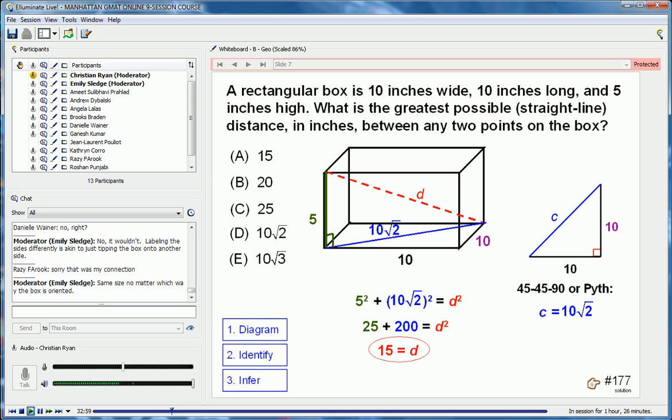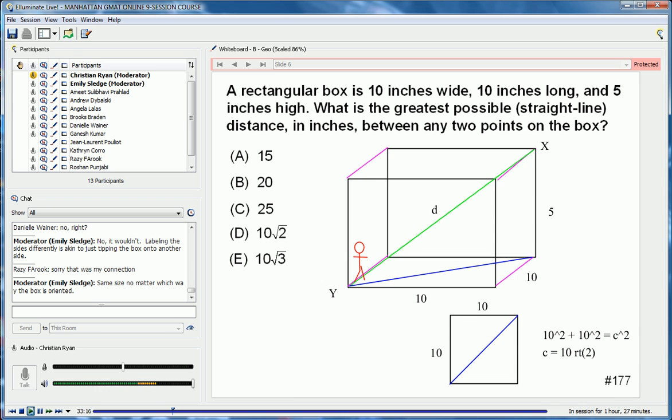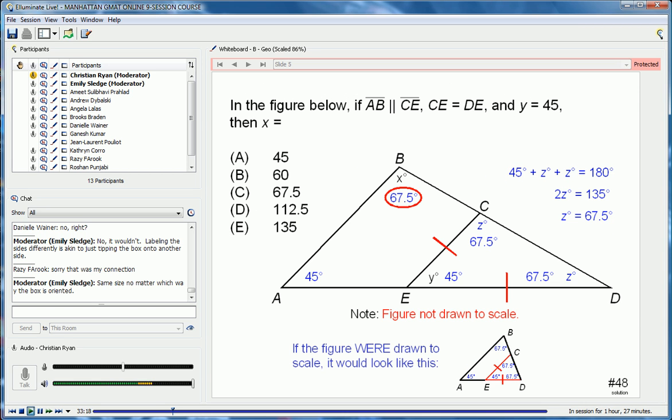The point again I want to make about 3D is that when you draw it, if you're having trouble, say, seeing this 10 root 2 in the floor here, simply redraw. Just draw part of the picture. And that's, in general, a helpful trick. We saw that in the first problem.